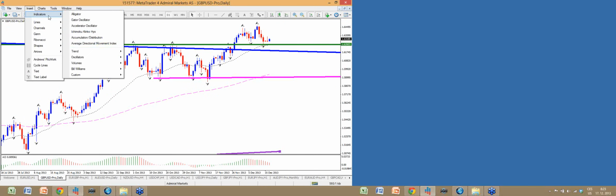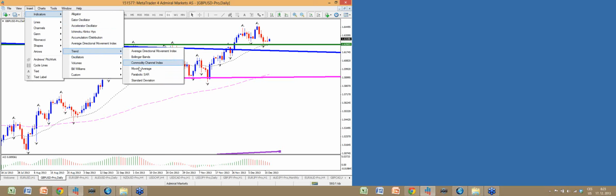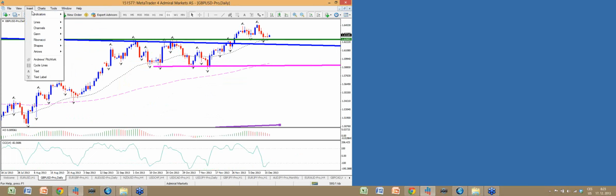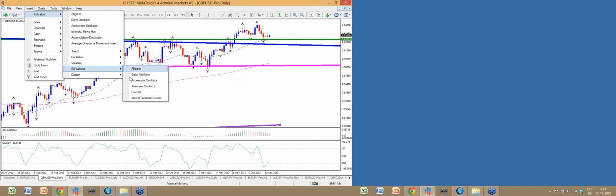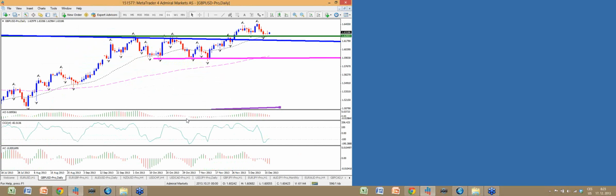Let's take a look at the oscillator. Pound dollar is a bit oversold here on the CCI.